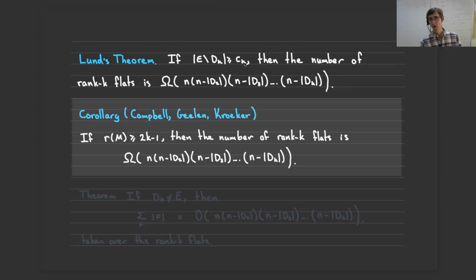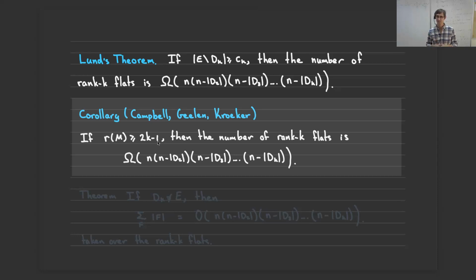What we proved as a corollary to his result is that we can replace this condition on your matroid being too close to being degenerate by the rank being at least twice k-1. And roughly the reason this is true is that degenerate sets can't have very high rank.